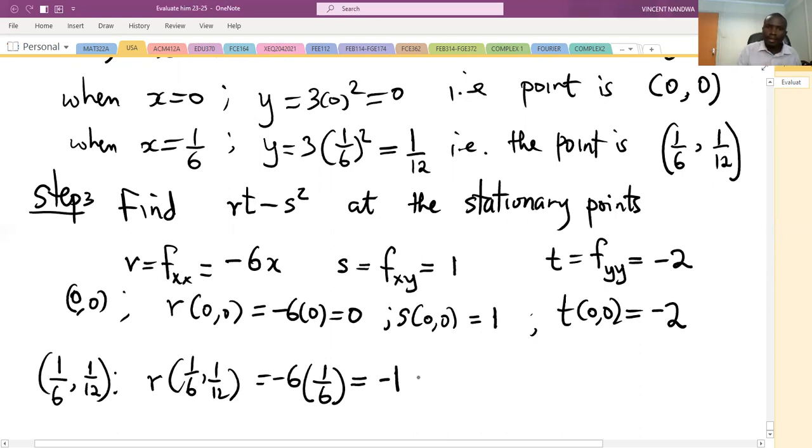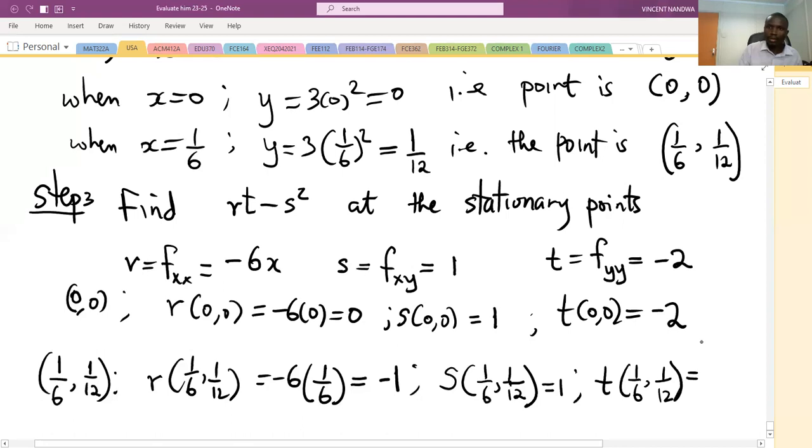And then S at 1 over 6, 1 over 12, because this is just a constant function, it means it is 1. And then T at 1 over 6, 1 over 12, this being a constant function, remains negative 2.